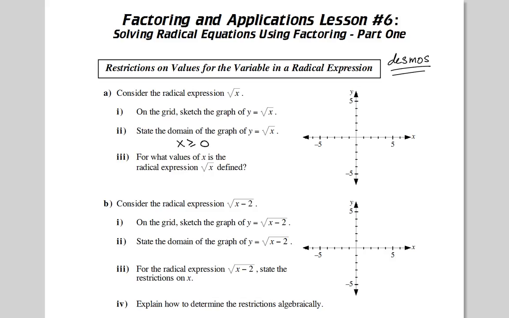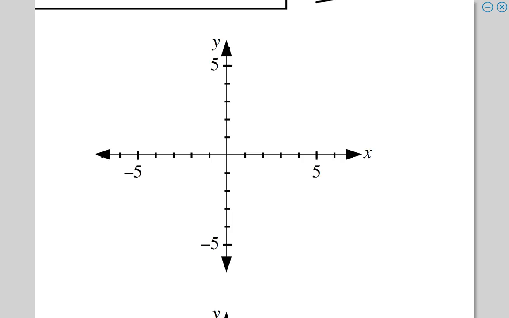Okay? So let's take a look at this graph. What happens when you square root 0? You get 0. What happens when you square root 1? What's the square root of 1? 1. And then the next nice one is square root 4. What's the square root of 4? 2.